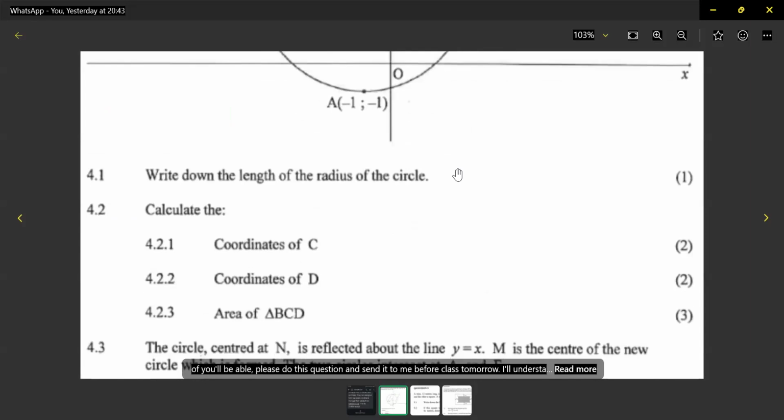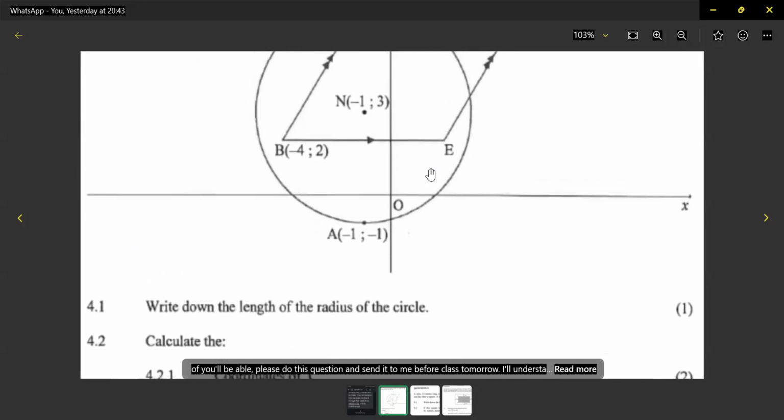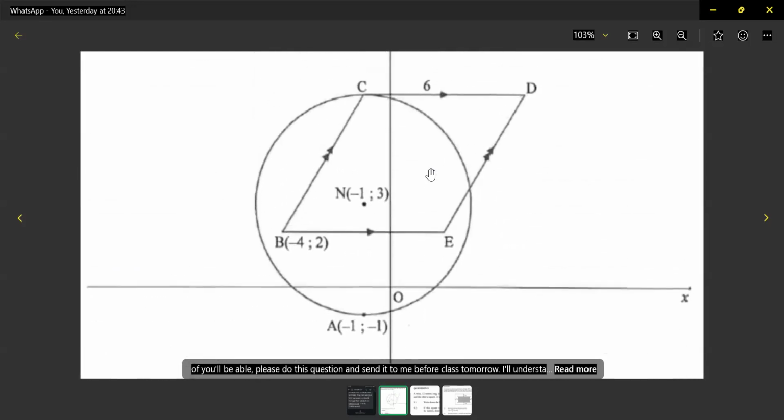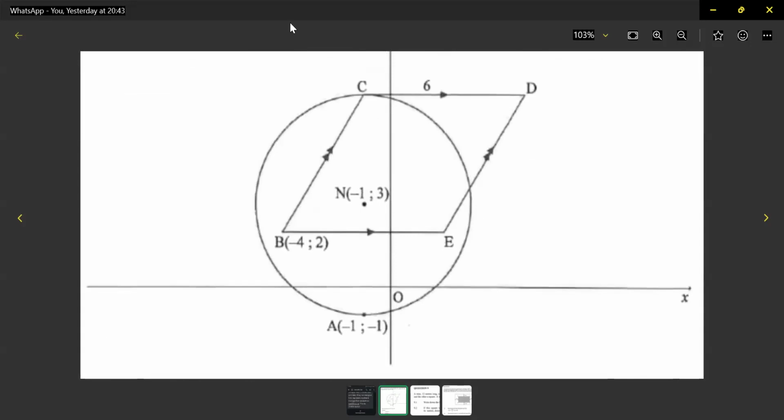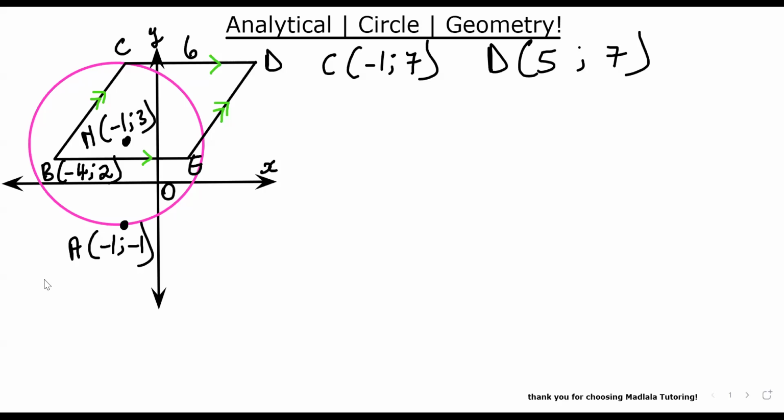So now moving on, they say to us, please find the area of the triangle BCD. And if you give triangle BCD a good look, you can see that it's not really a right-angled triangle. So the question then is, how would you find the area of this triangle?